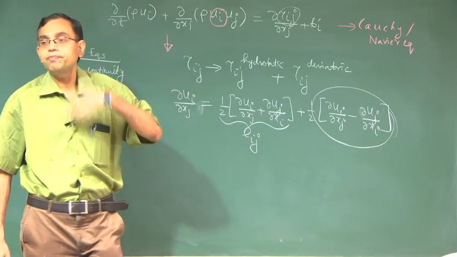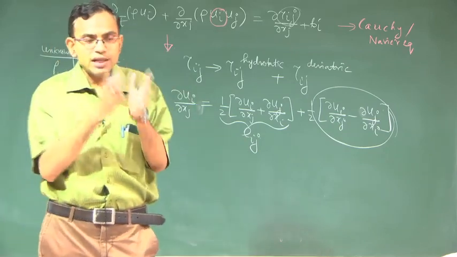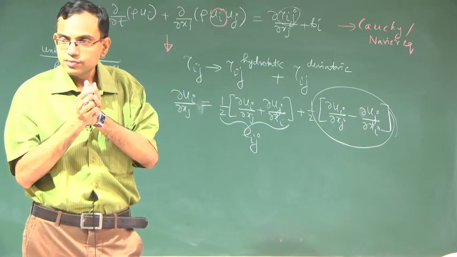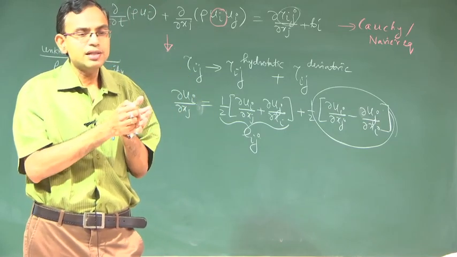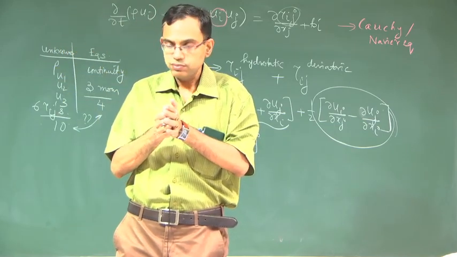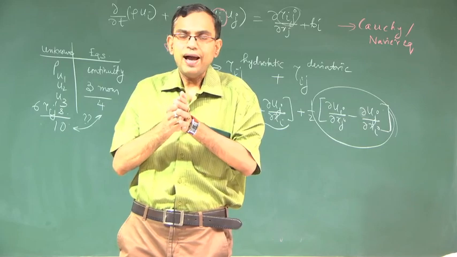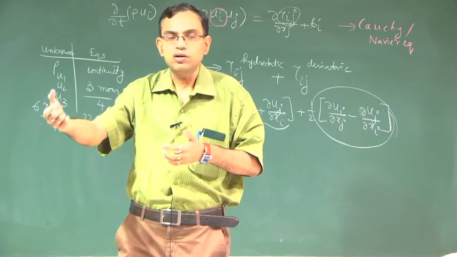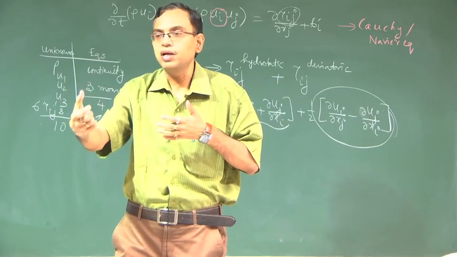The question is what kind of mapping? That is, tau ij is related to the rate of deformation tensor. Tau ij is a second order tensor, rate of deformation is also a second order tensor. So, we need to have a relationship between one second order tensor and another second order tensor. It could be linear or non-linear.